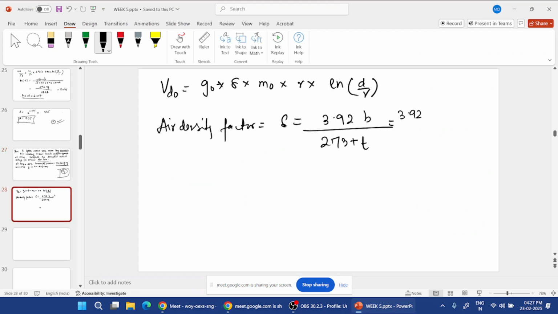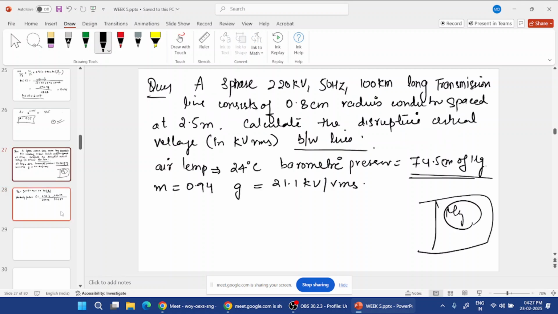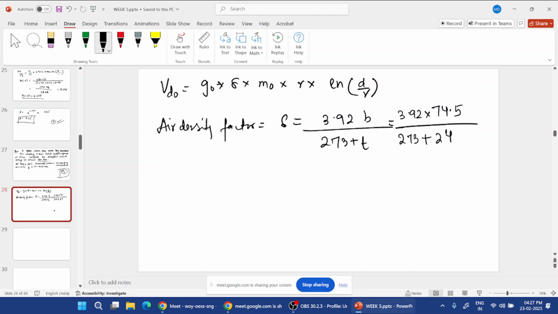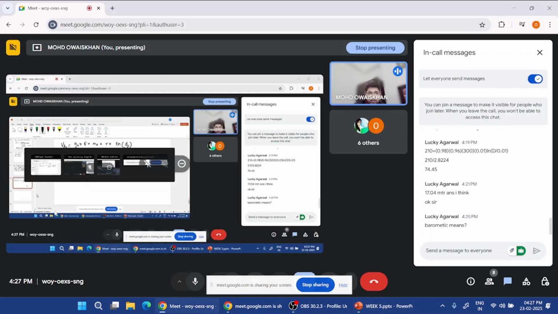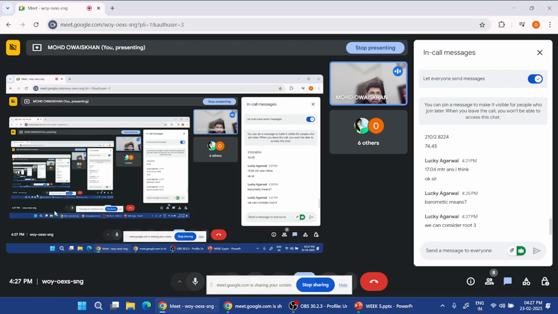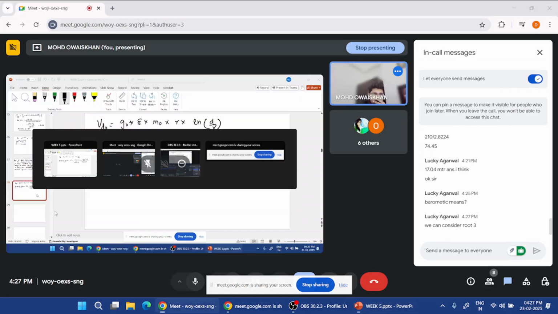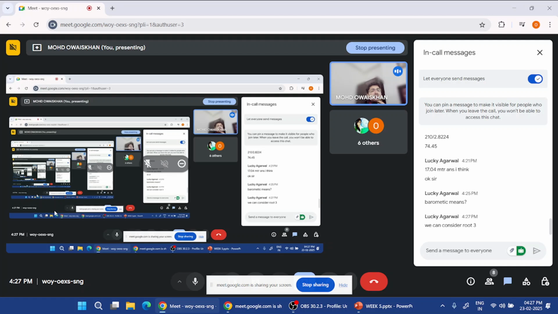So 3.92 into 74, B is representing the barometer pressure of the surrounding air, but in centimeter of Hg. 273 plus T. What is T? It is 24. It is 74.5. So I hope you understood that.